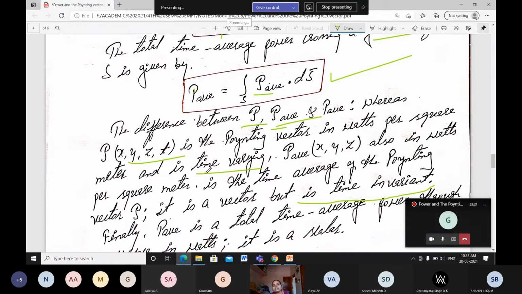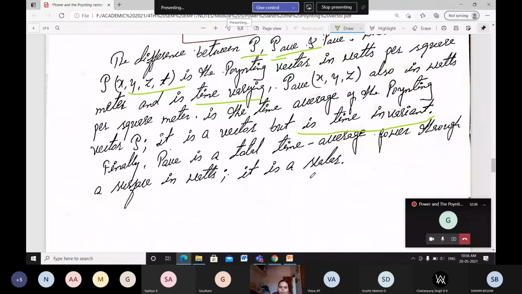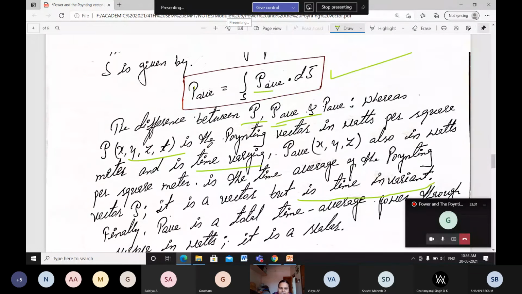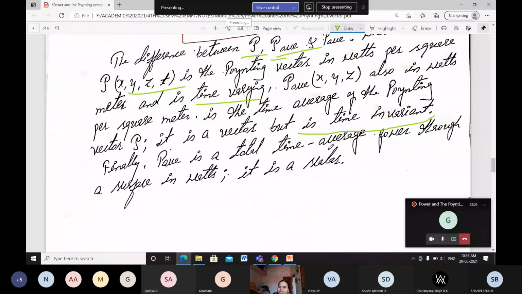Here the first one is time varying, the next is time invariant, meaning with respect to time it is not going to change. And the last one, P average, is the total time average power through the surface in terms of watts, but the first two are watts per meter square. It is in terms of watts, and it is a scalar quantity.